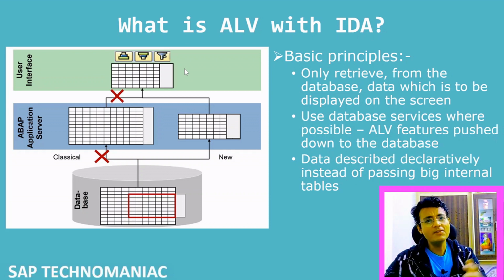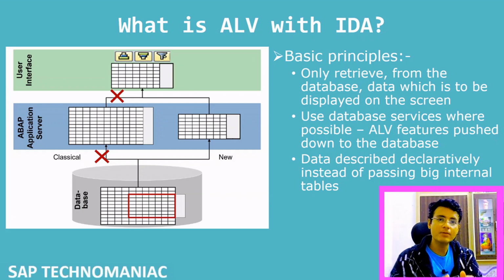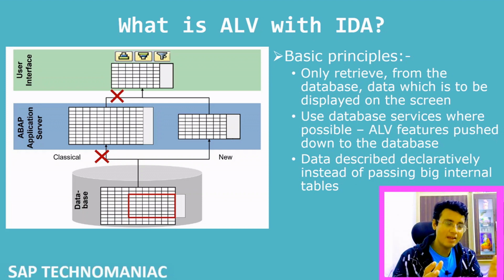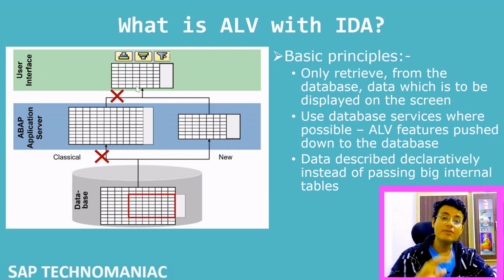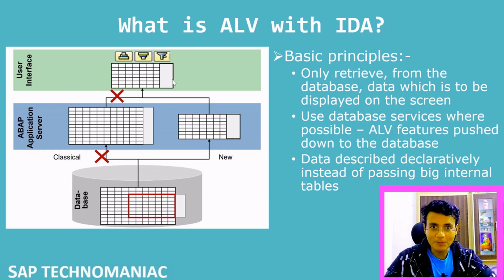Previously, suppose we need 1000 sales orders. We need data from VBAK, VBAP, and material-related data from MAKT and some other data. We will combine all the tables. We get all the data from the database, then combine it in the internal table, and then display it.